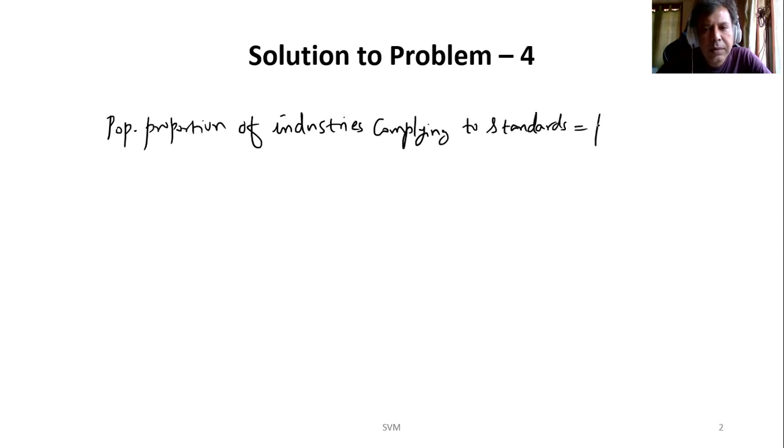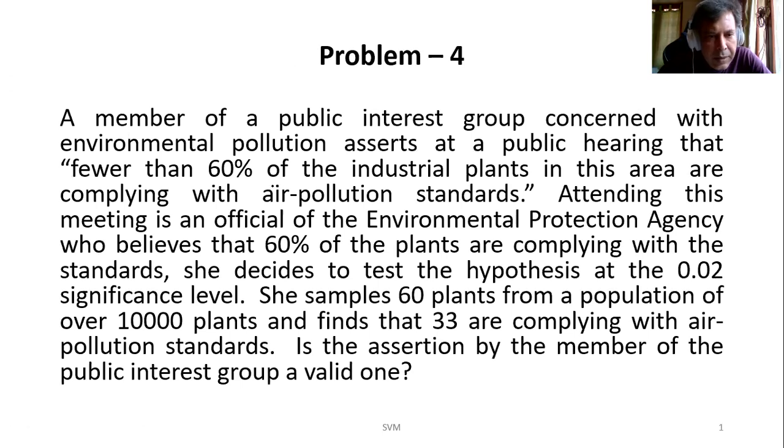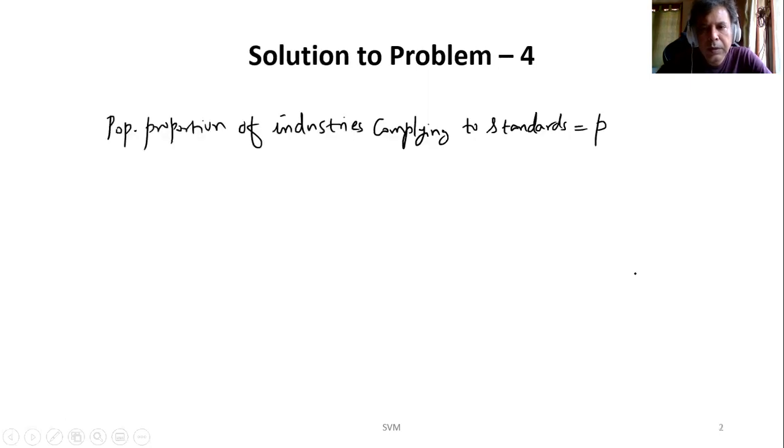We call that as P. And this is considered to be 60%. The official believes that 60% of the plants are complying with the standards. So that is small p, that is 0.6.